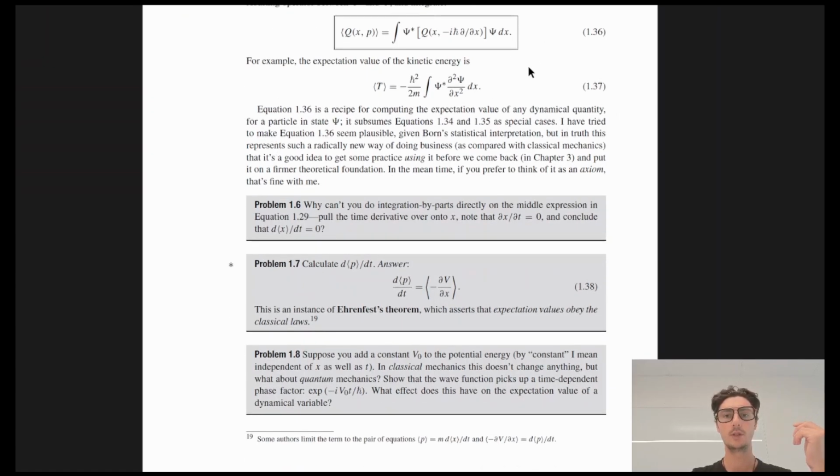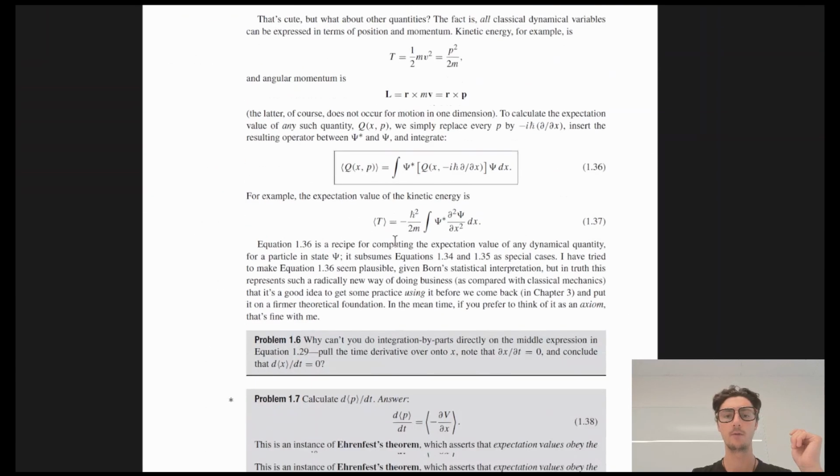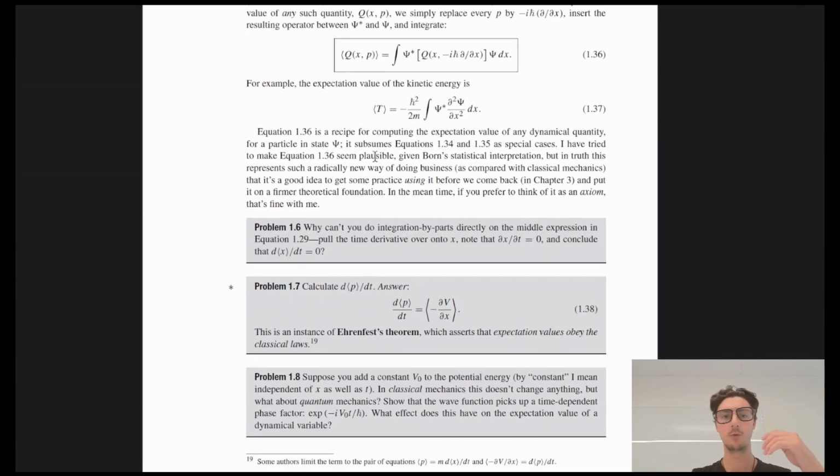Equation 1.36 is a recipe for computing the expectation value of any dynamical quantity for a particle in state psi. It subsumes equations 1.34 and 1.35, which are for position and momentum, as special cases. So this is the general case.